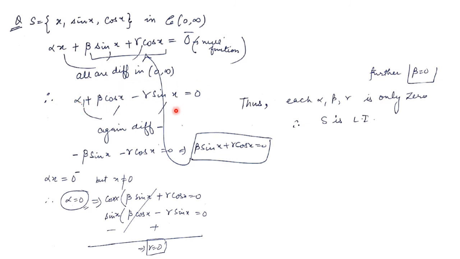We will get this equation. But we have three unknowns. So again differentiate, you get one more equation. So now you have three equations in three unknowns. Simplify these three equations. After simplifying, we get alpha, beta, gamma all are 0. Right? So therefore, this set is linearly independent.